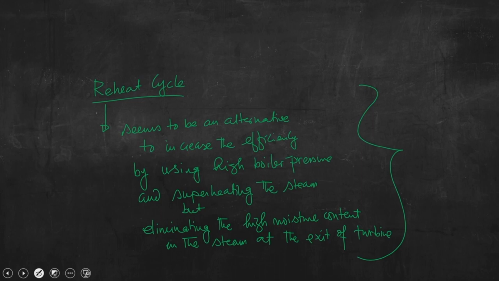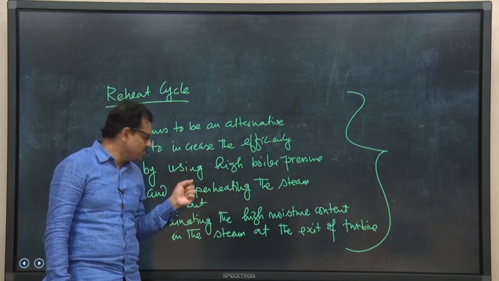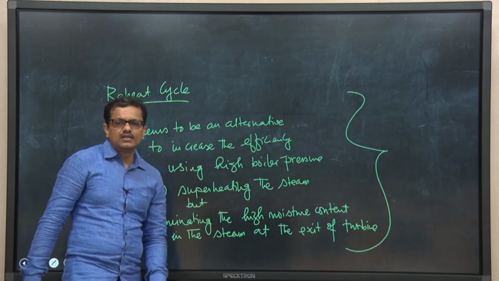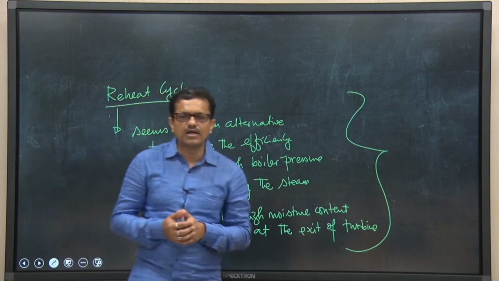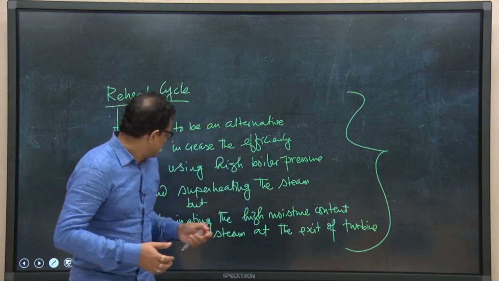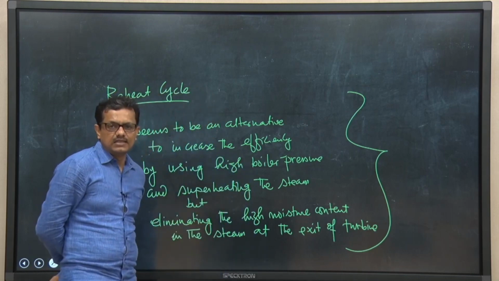We also need to go for superheating the steam. If we can have these two, high boiler pressure and a special arrangement to superheat the steam, we can eliminate the probability of having high moisture content in the steam at the turbine exit.